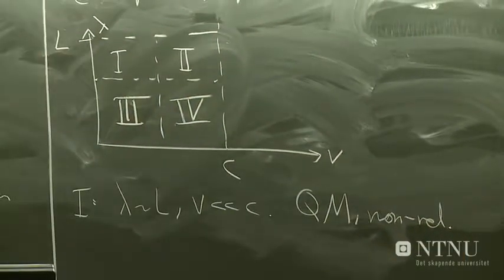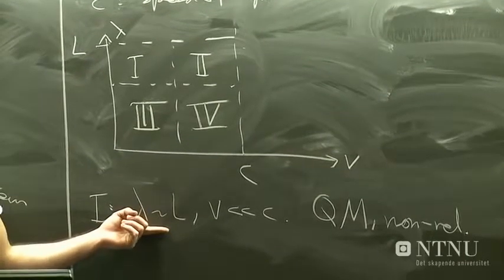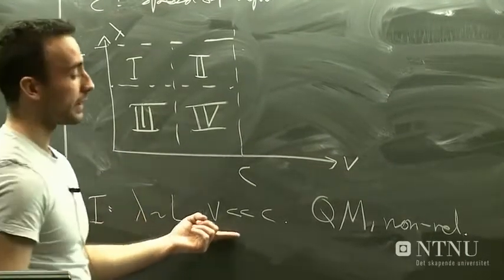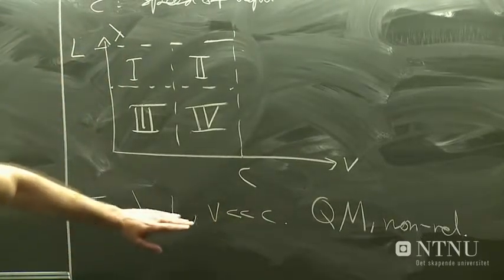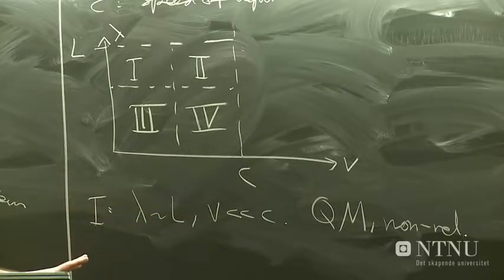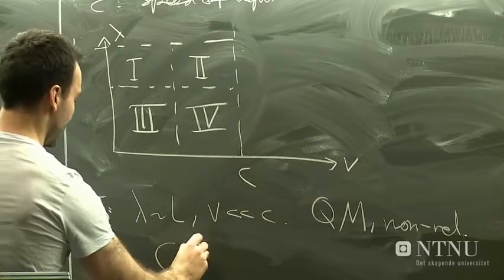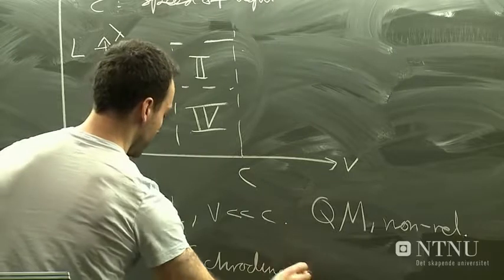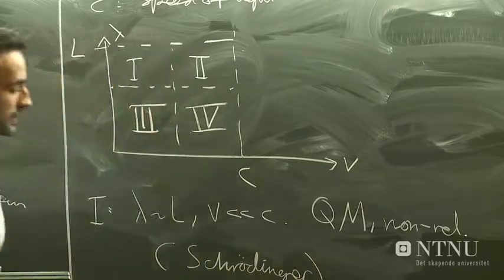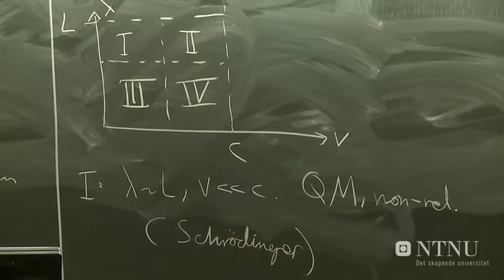In this case, we have to use quantum mechanics because the system size is comparable to the de Broglie wavelength, but it's non-relativistic quantum mechanics we have to concern ourselves with because the velocities are small compared to the speed of light. The theory of choice here is, for instance, the Schrödinger equation, which is a non-relativistic quantum mechanical equation for the wave function.